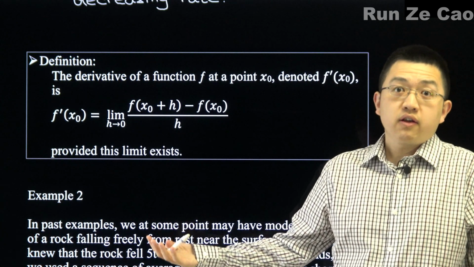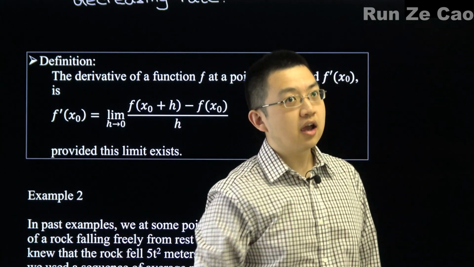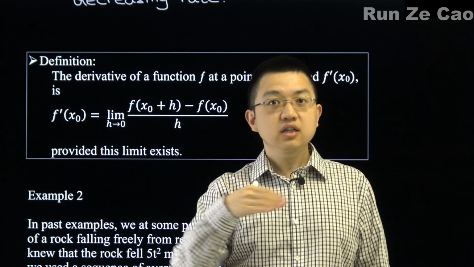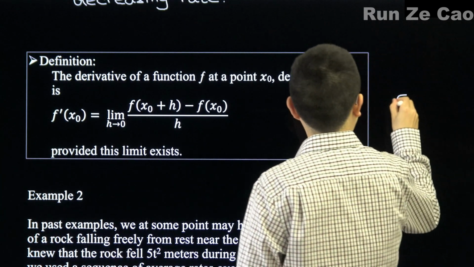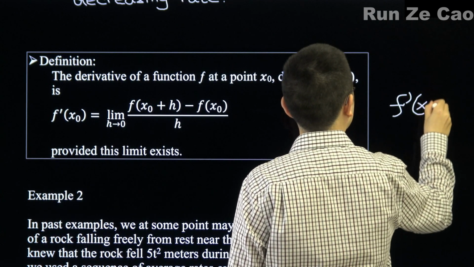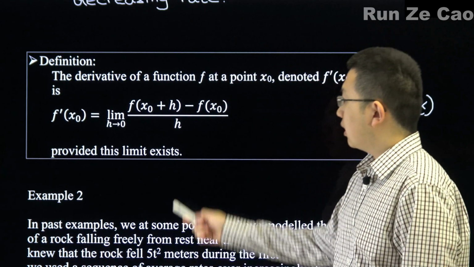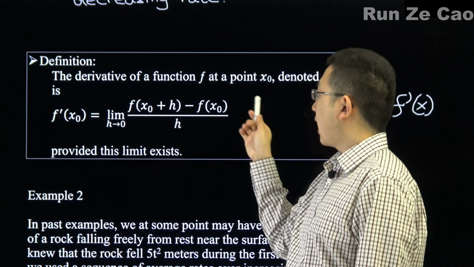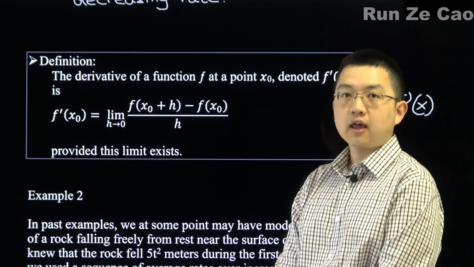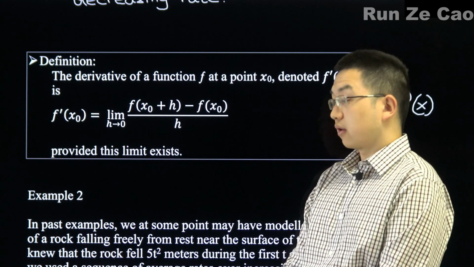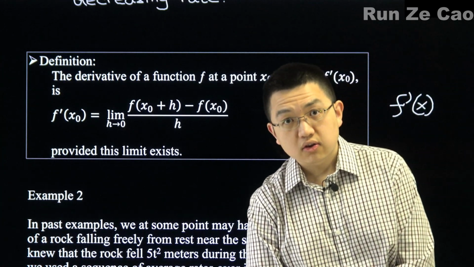So if it's just the derivative of the function itself, as in we're looking for another function that tells you what the slope of this function is at any given x, then we would write f prime of x. Now, of course, there are other ways we can write it, which we'll talk about later. But here, we have this thing that we had earlier. This is the exact same as m, so the slope. Now, this, of course, also presumes that this limit actually exists.